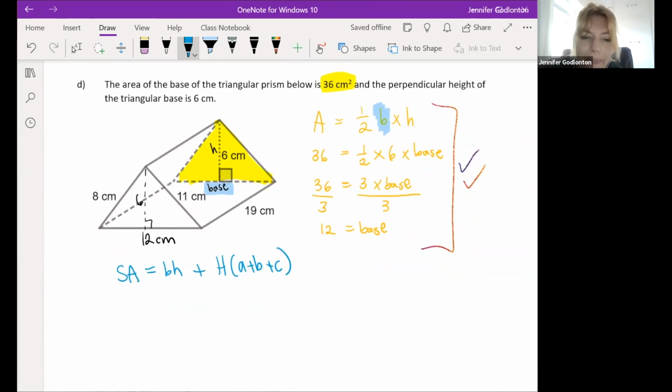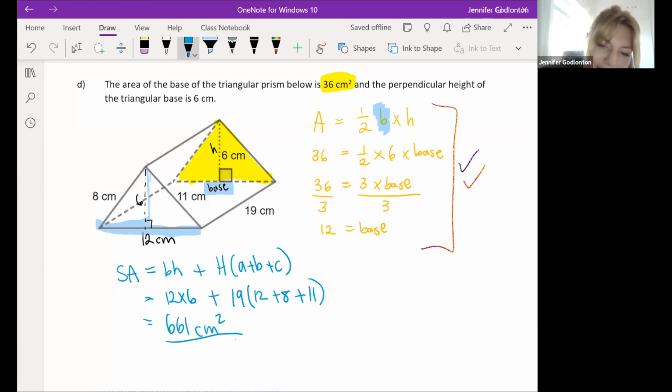And then our surface area equals 12 times 6, which are perpendicular, our base and height, and then plus 19 in brackets, which will be 12 plus 8 plus 11. And then our whole thing will be 661 centimeters squared. Beautiful. Nice job, Tiana.